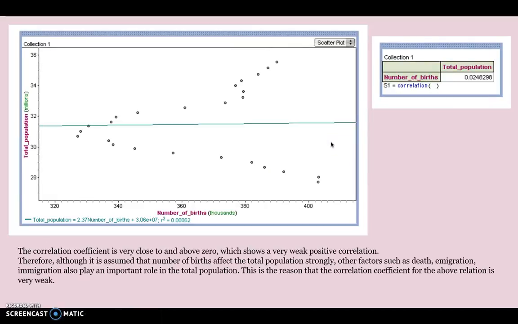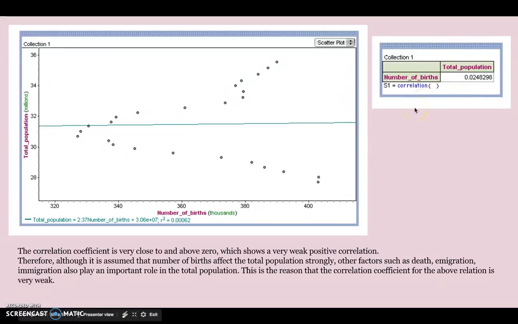And here is our scatter plot for number of births and the total population. As you see, there is really no trend here. The points just go up and down. And the correlation coefficient is very close to but above zero, which shows a very weak positive correlation.